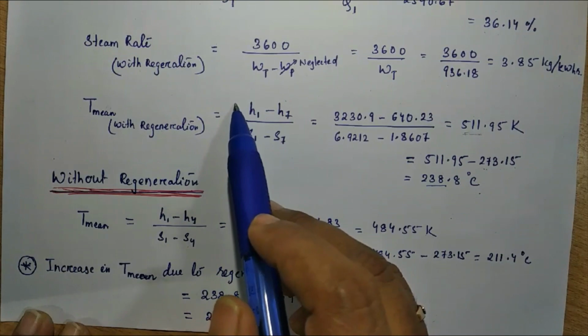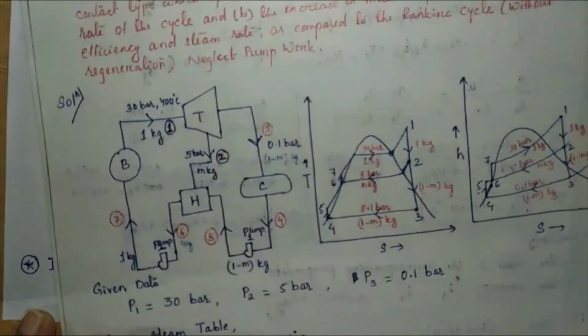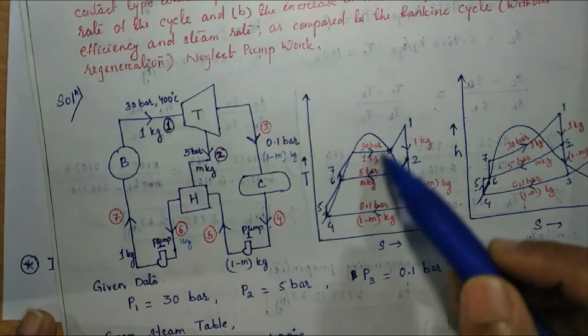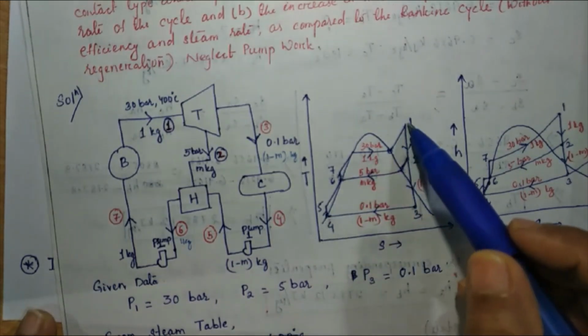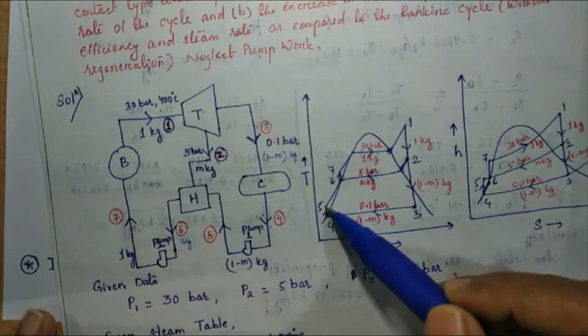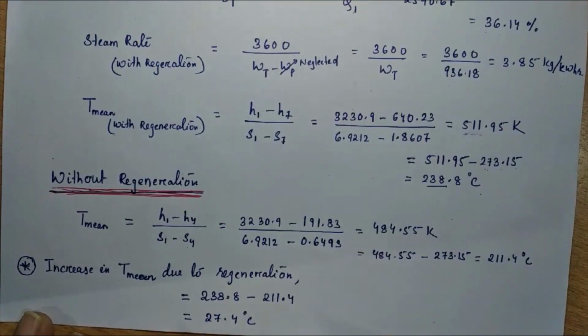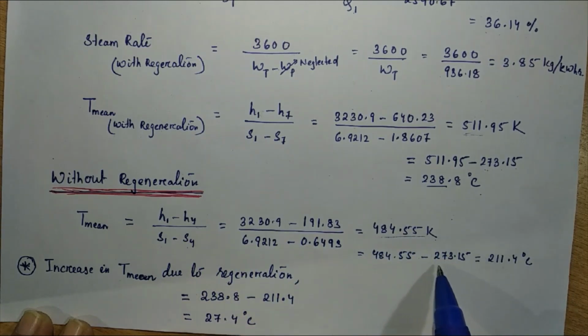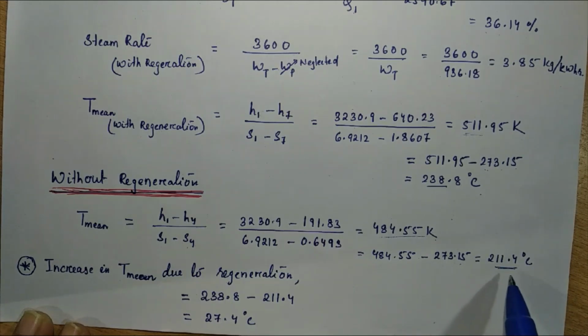But as it is with regeneration, we have all these states, so this is H1 minus H7. As it is without regeneration, this is H1 minus H5, or that is H4. Right? So (H1 minus H4) by (S1 minus S4). We have all these values, directly we substitute there and we get this value in Kelvin. Minus 273.15, we get it in degree Celsius.